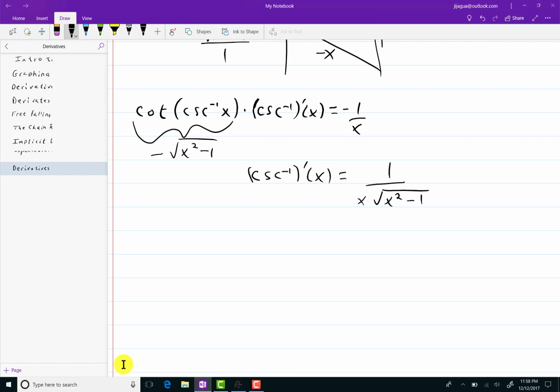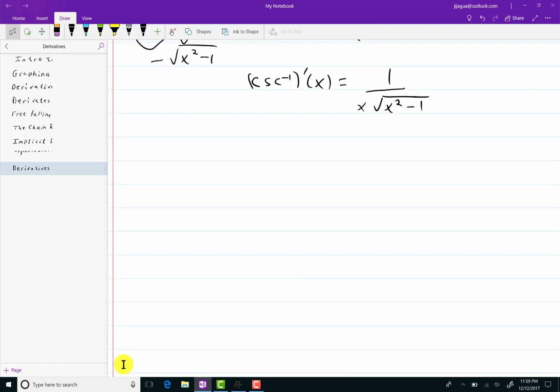So, here's what I have. Let me write down my results. I have d over dx cosecant inverse of x equals -1 over x square root x squared minus 1. This is when x is greater than or equal to 1.